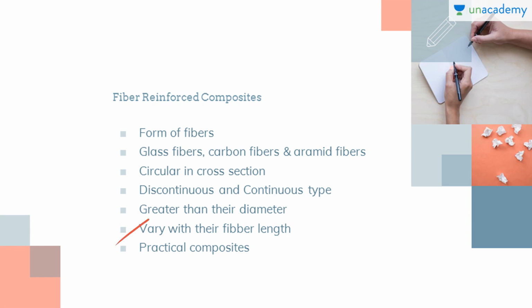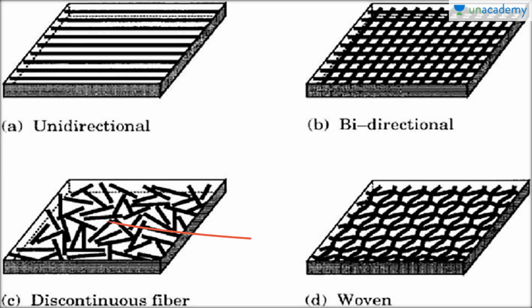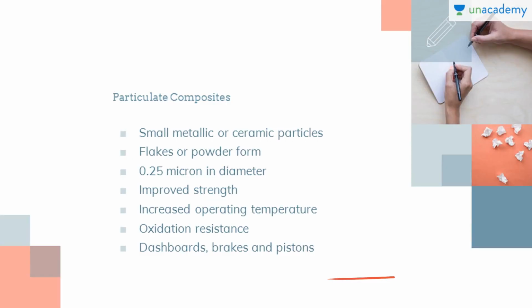And discontinuous fibers are the most practical composites that are being developed for engineering applications. So you can see here these are the fiber reinforced composites, and you can see various here, the continuous fiber composites, discontinuous fibers, the bidirectional and the woven fiber reinforced composites.